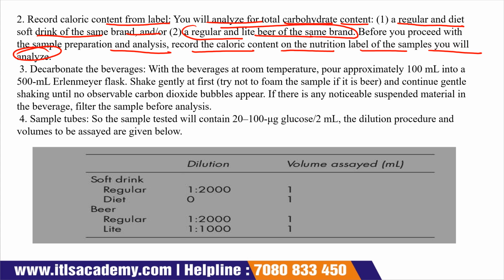Now the third one is decarbonating the beverages. In this step, with the beverage at room temperature, pour approximately 100 ml into a 500 ml flask. Now we have to shake it, avoiding the formation of foam in the case of beer, and continue gently shaking until no observable carbon dioxide bubbles appear.